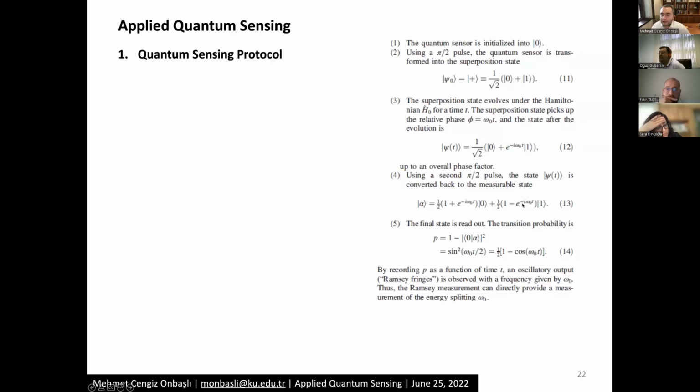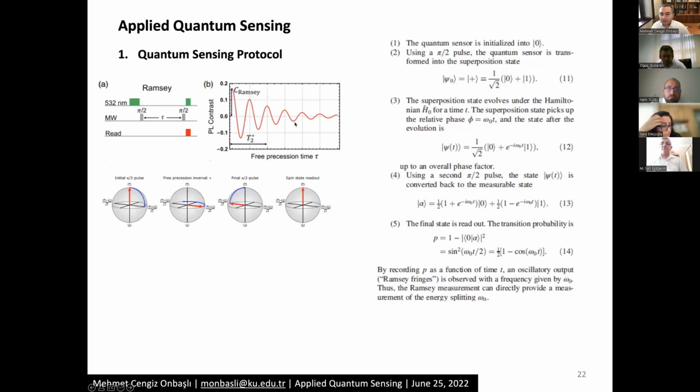And finally, when we do the state readout from a probe spectrum readout, the transition probability is going to be essentially 1 minus the inner product of the 0 and alpha states. And we are essentially picking up this sine squared of omega naught t/2. So recording P as a function of time, the oscillatory output that we had here is actually going to be giving us the rate at which our magnetic field causes the decay.